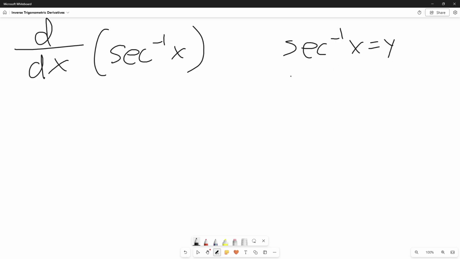This is our function, and if we want to differentiate it, we can also rewrite it as secant of y is equal to x, because this is an inverse function.